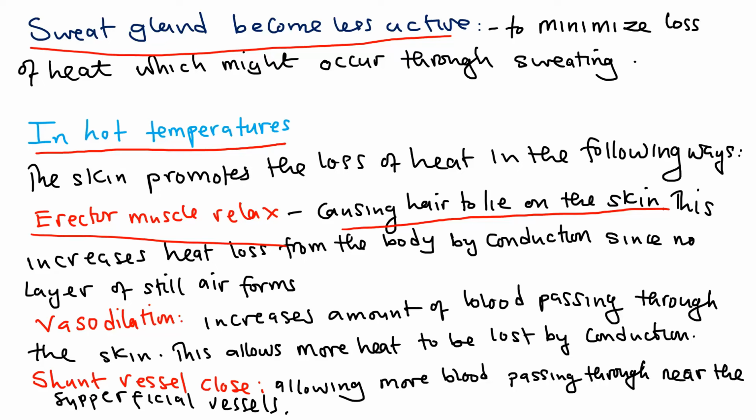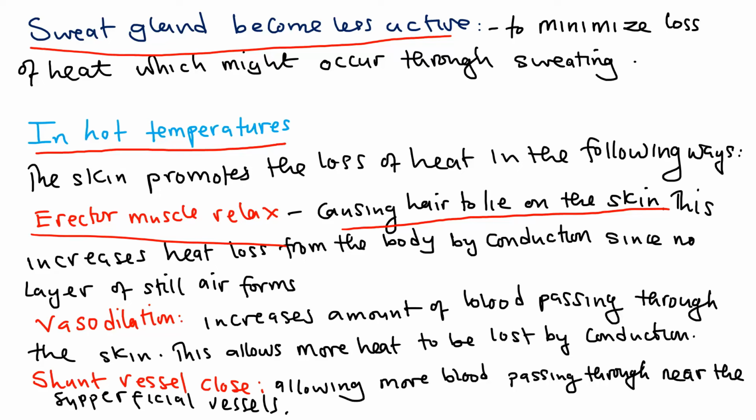This increases the heat loss from the body by conduction, since there is no layer of still air to insulate the skin from losing heat. Therefore, there's loss of heat.